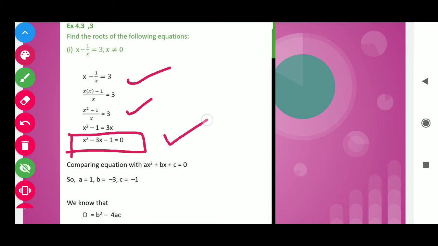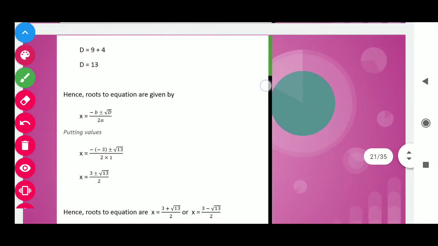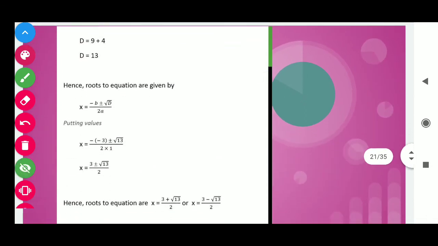On comparing with the quadratic equation, we get the coefficients of x squared, x and the constant term. So in this way we get a is equal to 1, b is minus 3 and c is equal to minus 1. And we know that the discriminant is equal to b squared minus 4ac. So first calculate D and after that put the value of D in the quadratic formula.